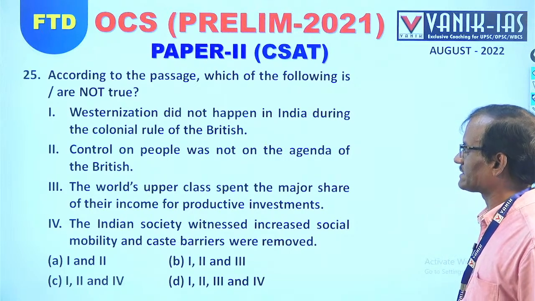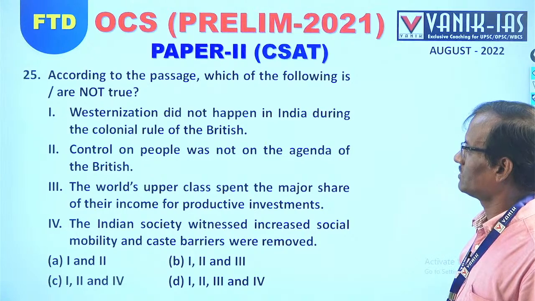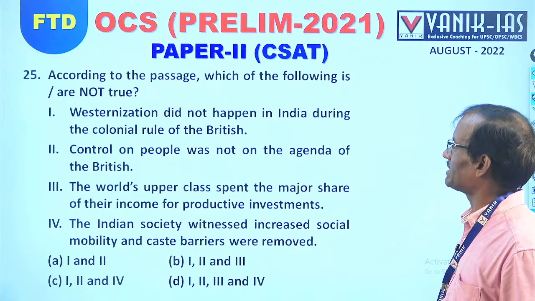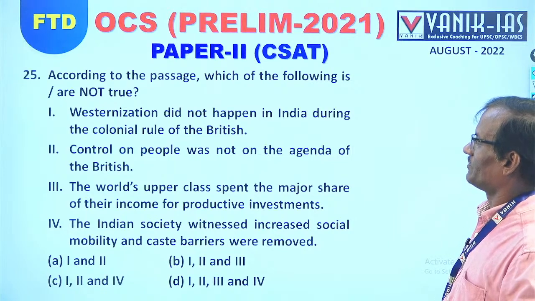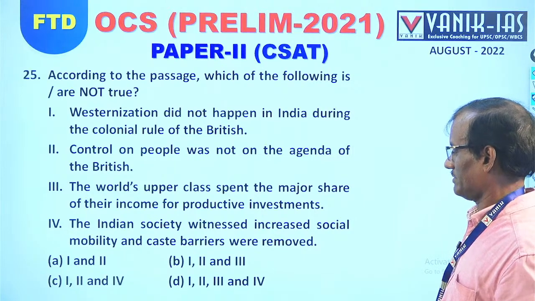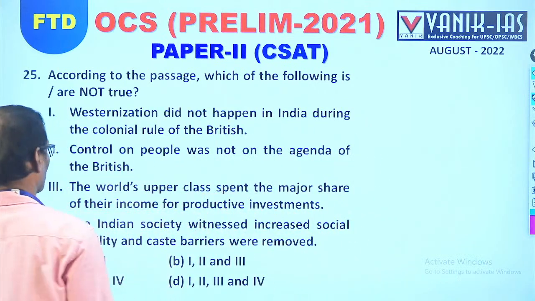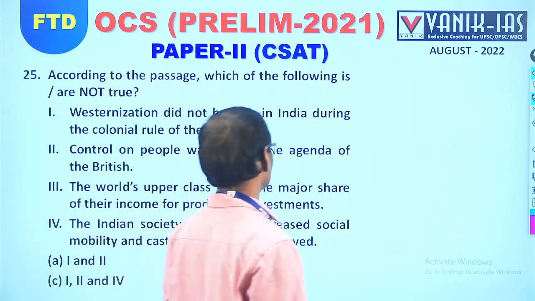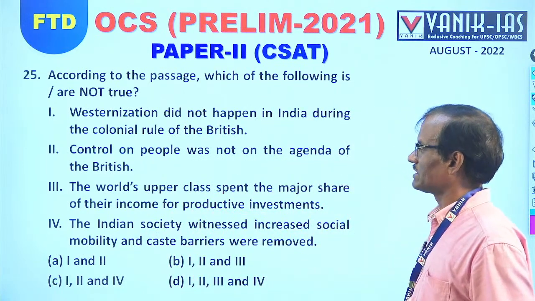According to the passage, which of the following are not true? Westernization did not happen in India during the colonial rule of the British. Not true, it happened. Control on people was not on the agenda of the British.